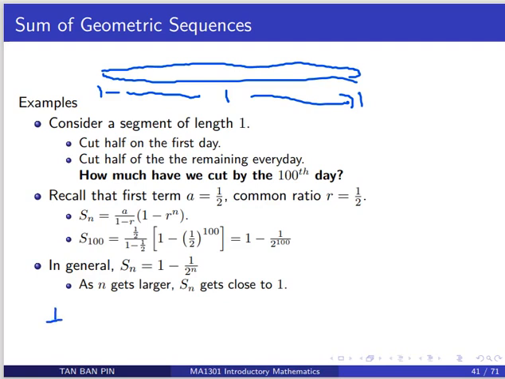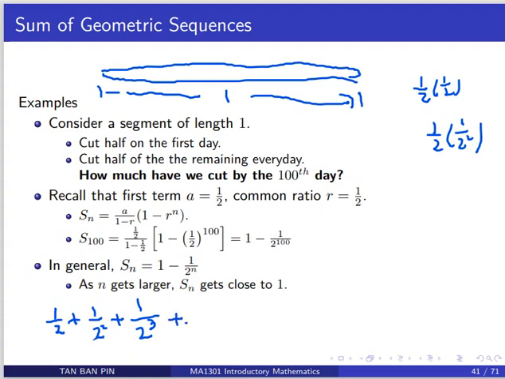Now on the second day you cut half of half, which is half squared. Then on the third day you cut half of half squared, so it's half cubed. So every day you cut half of the remaining. Until 100 days, the piece you cut out will have length 1 over 2 to the power 100.